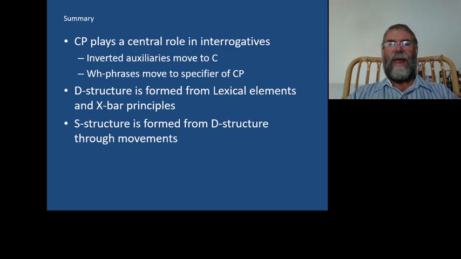You can't just do anything with a movement. Movements have to be short, and movements have to be preserving. They can't change things radically. The only things that they can do is move elements from one position where it's possible to get them, i.e. a head in a head position or a phrase in a phrase position, into another position that X bar allows elements to appear. So heads move to head positions, phrases move to phrase positions.